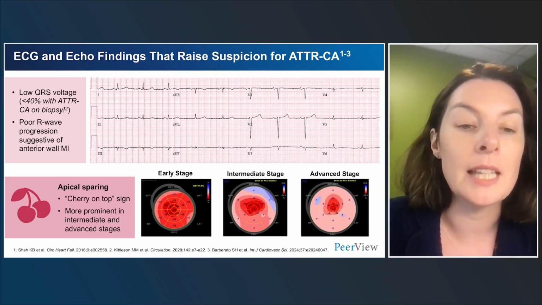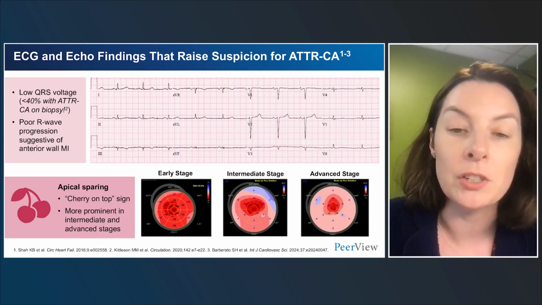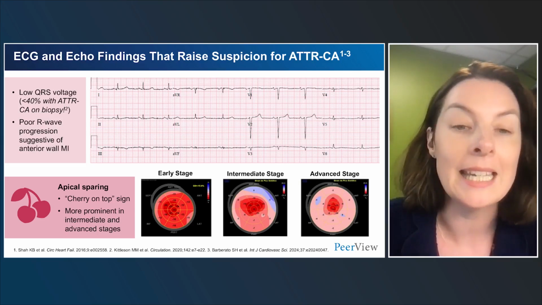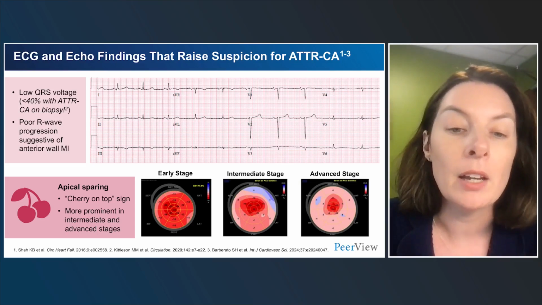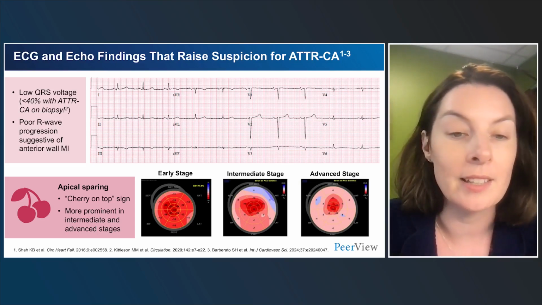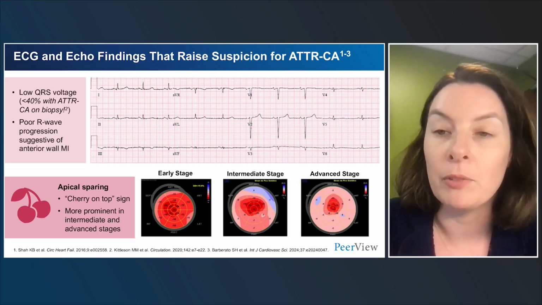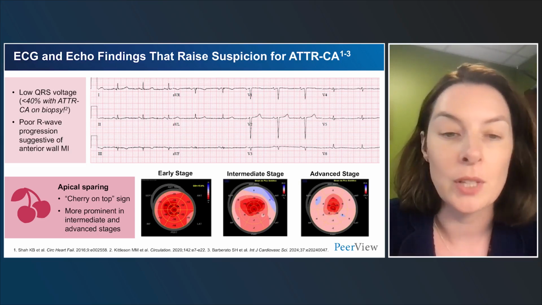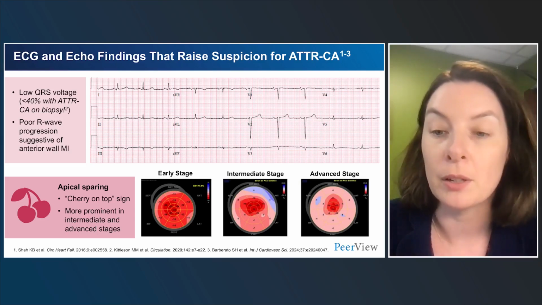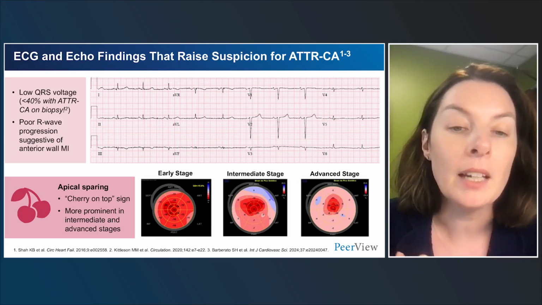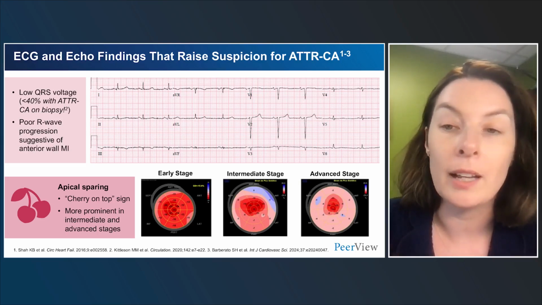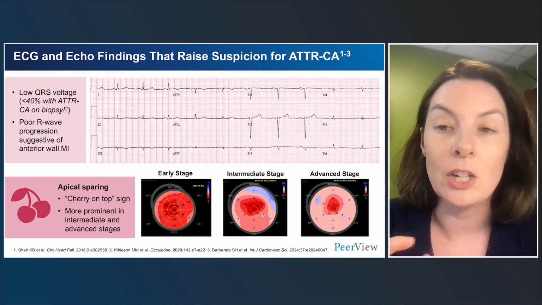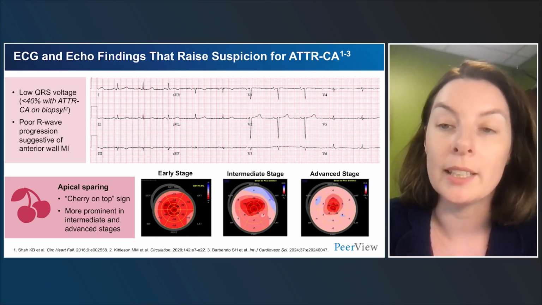And when it comes to the echo, there are several features. The increased wall thickness is a key feature to help make the diagnosis. I always find looking at the posterior wall thickness on echo a very helpful indicator of some pathological process going on, if that's 12 millimeters or more. But one of the clear signs, if you have any suspicion for cardiac amyloidosis, is increased wall thickness, atrial dilation, and abnormal diastolic function.